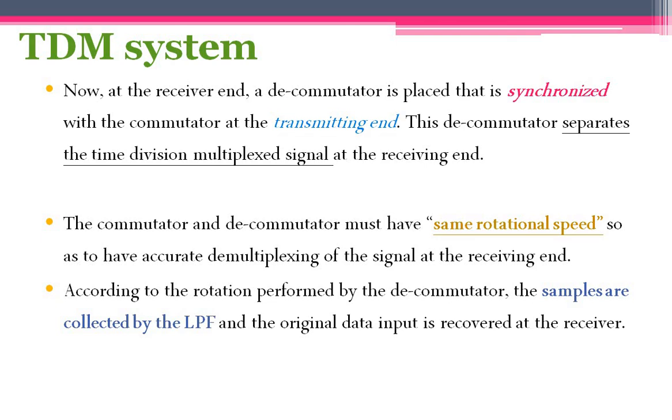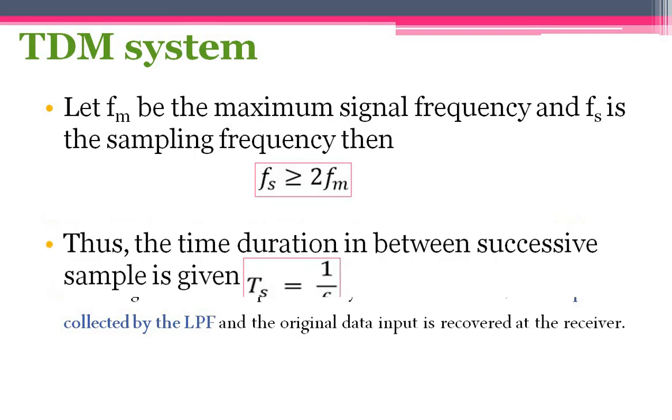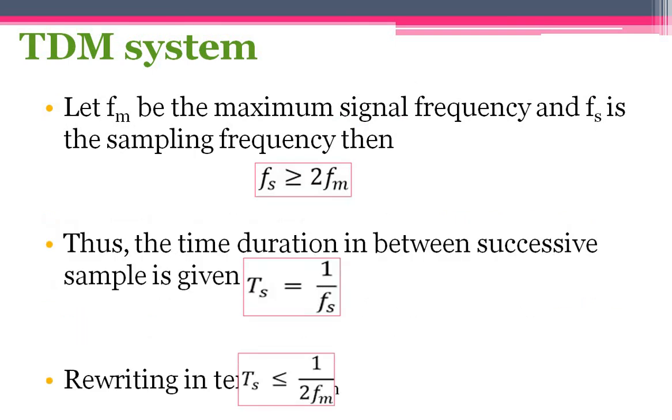This was about the working, the total block diagram of your time division multiplexing system. I hope you are clear with that. Now some of the mathematical expressions: when fm is the maximum signal frequency and Fs is the sampling frequency, then Fs is greater than or equal to 2fm. The time duration between successive samples is Ts equals 1 by Fs.